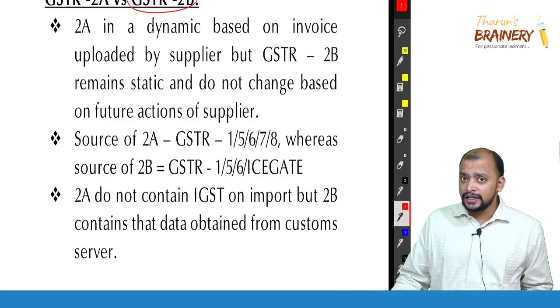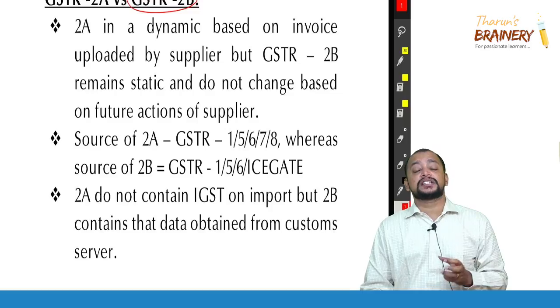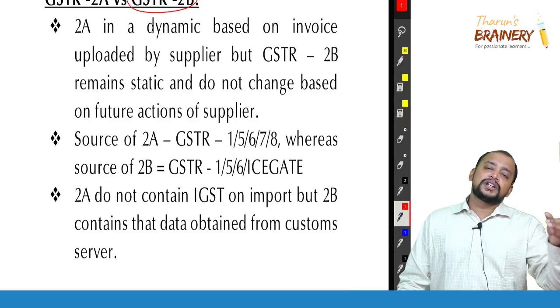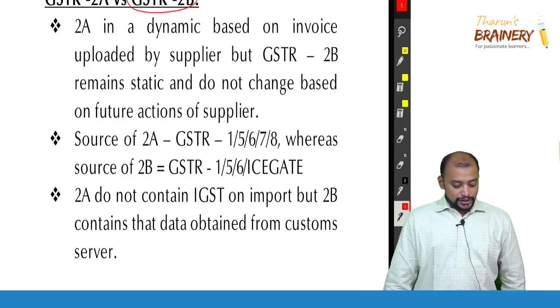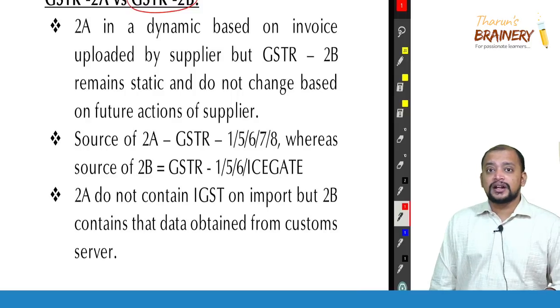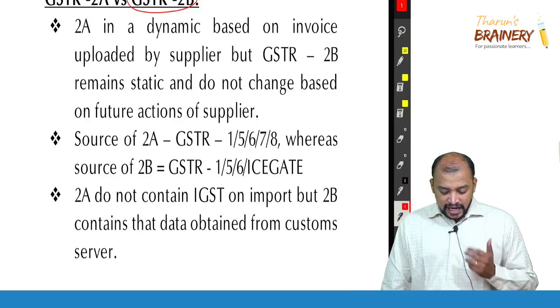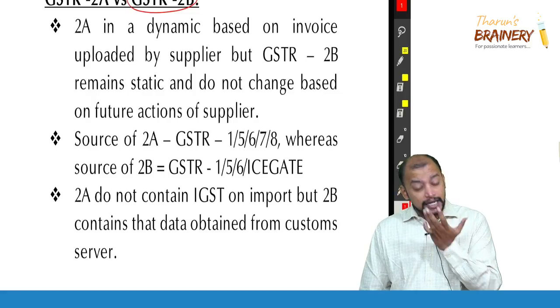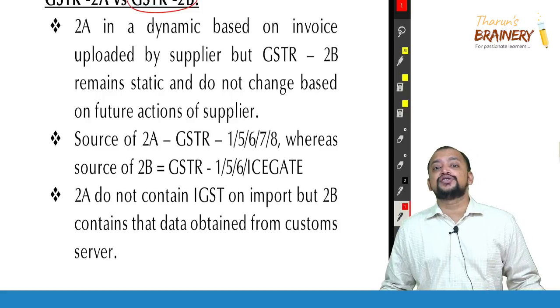Source of 2A. From where will 2A take the data? 2A will take the data from GSTR 1, that is the outward supplies return filed by the supplier. GSTR 5, a return filed by a non-resident taxable person, NRTP. And then GSTR 6, a return to be filed by an input service distributor.